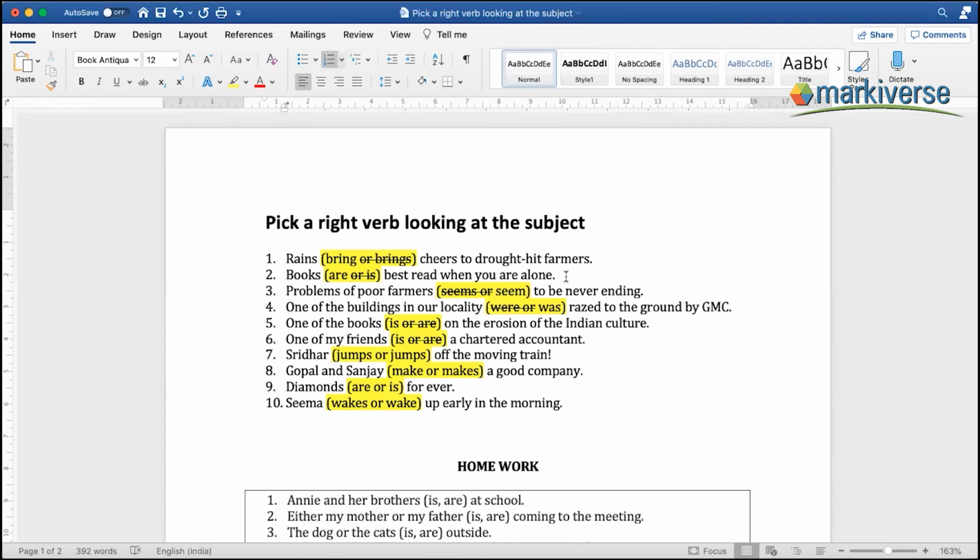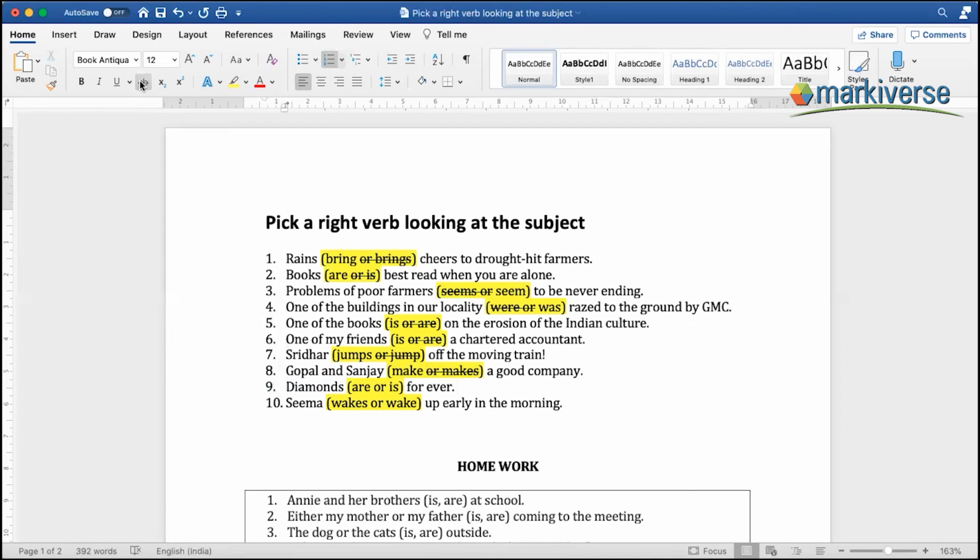Now, seventh one, Sridhar. Sridhar is a singular subject, so I should use the singular verb, which is jumps and not jump. Gopal and Sanjay. I'm talking about two people here, right? Talking about two people, I should use the plural verb, which is make. So I'm going to knock off makes. Now, the ninth one, diamonds.